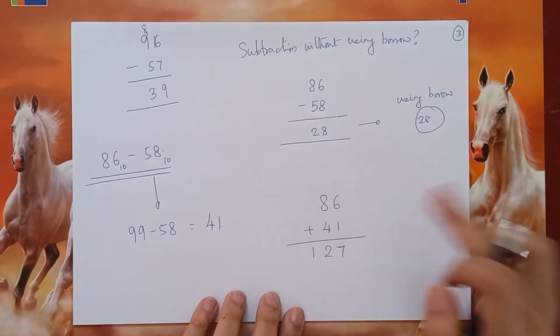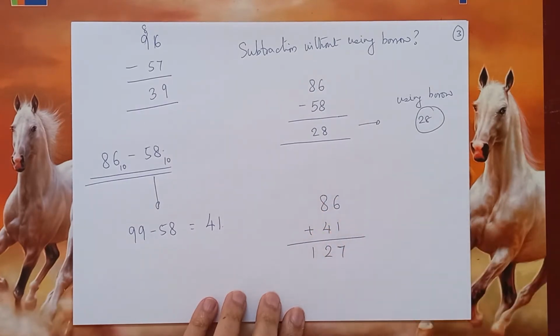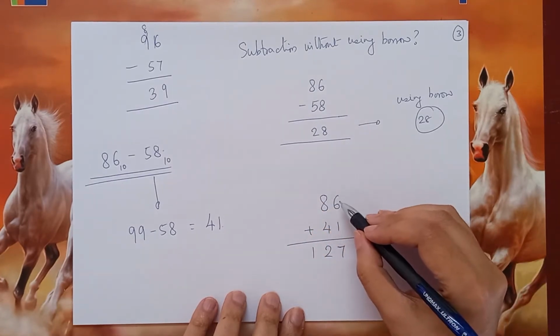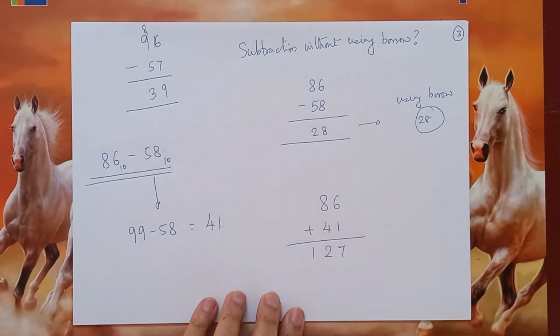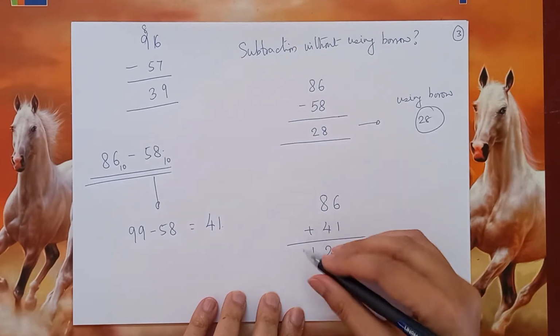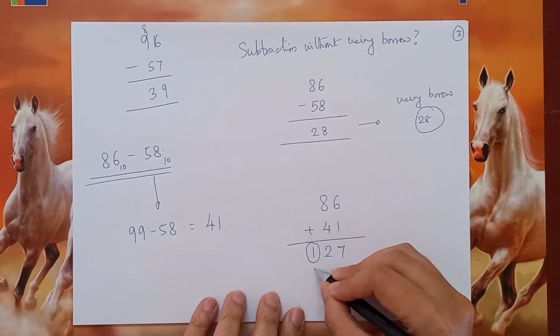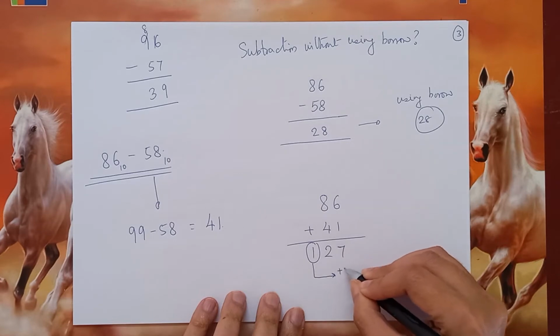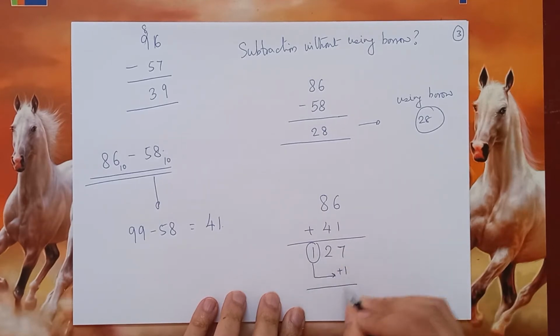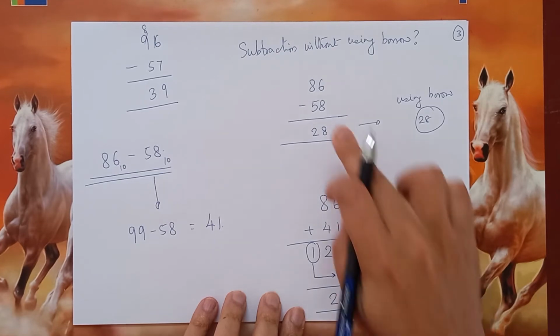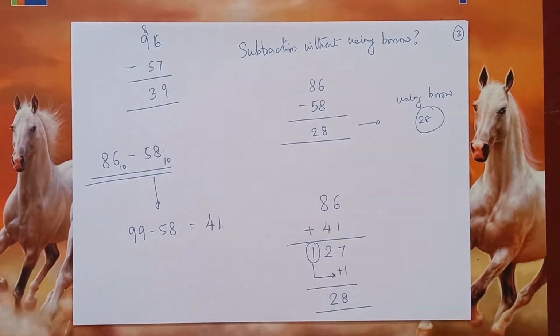Now what I am noticing is that the numbers are each of 2 digits, but the result is of 3 digits. So I will take this one and add it over here. So I will have 27 plus this one. The answer is 28, which is exactly the same as what we obtained using the borrow method.